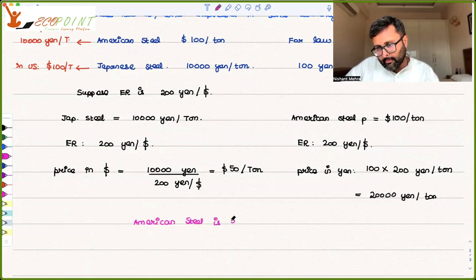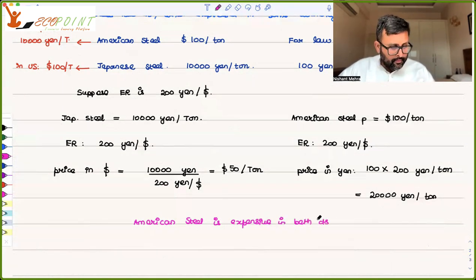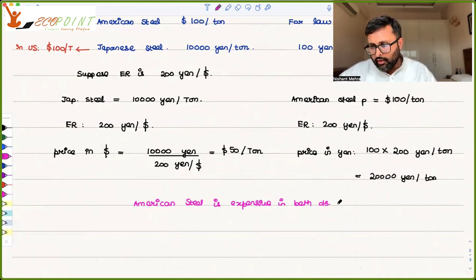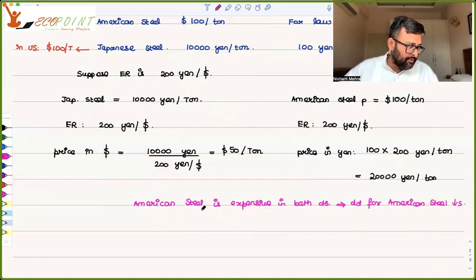American steel is expensive in both countries. Yes or no? That's right. So what is going to happen? Something which is expensive, its demand is going to fall. Demand for American steel reduces.